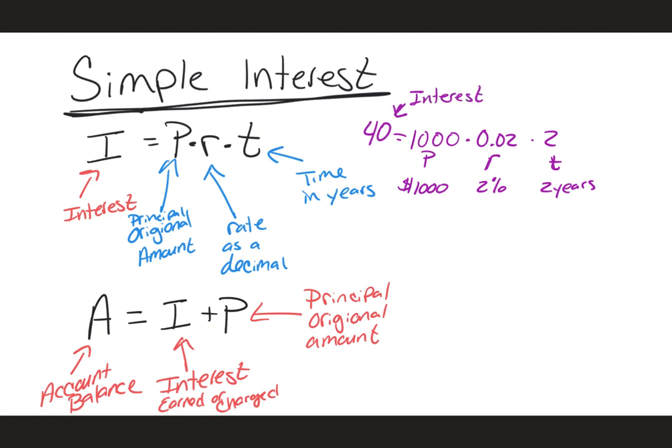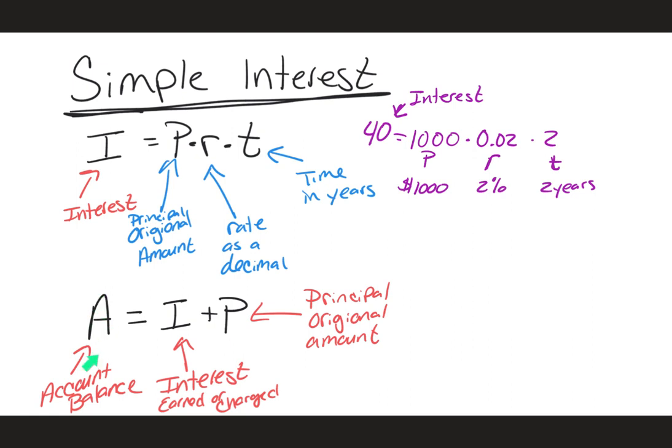Now, what if I want to figure out what the account balance is after those 2 years? To figure out the account balance, I need to add the interest earned to the original amount. The simple interest formula only gives us I, which is interest.